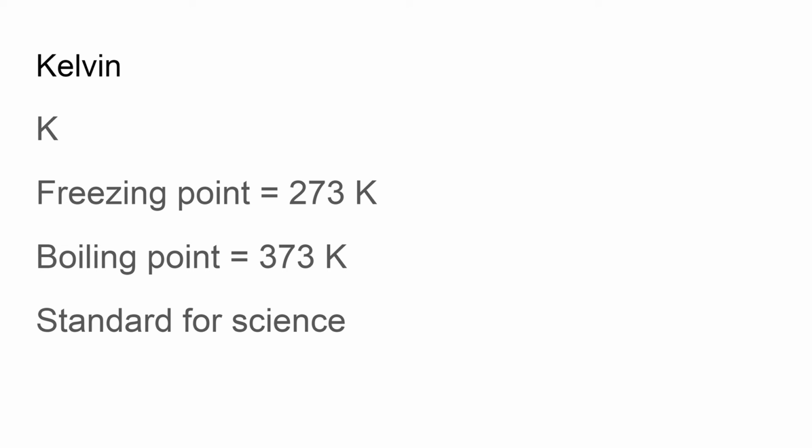You just say 0 Kelvin. And just like the last two, Celsius and Fahrenheit, we have a freezing point and a boiling point. So the freezing point for water in Kelvin is 273 Kelvin, and the boiling point is 373 Kelvin.